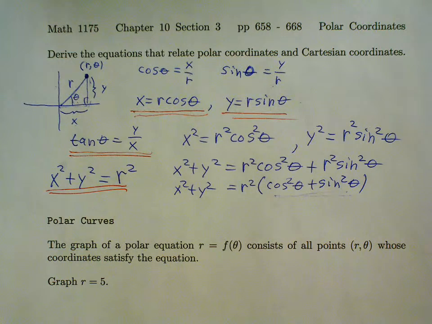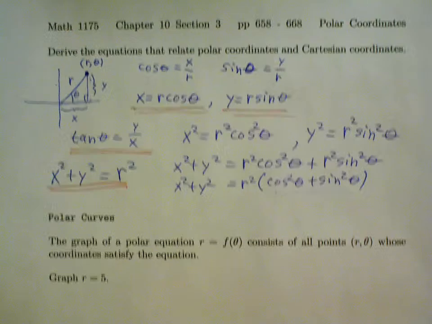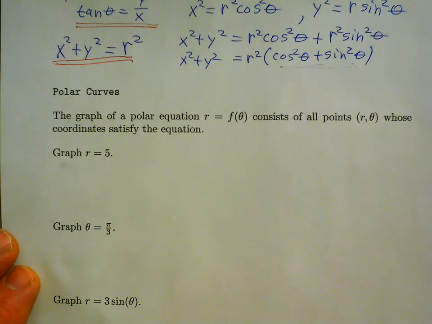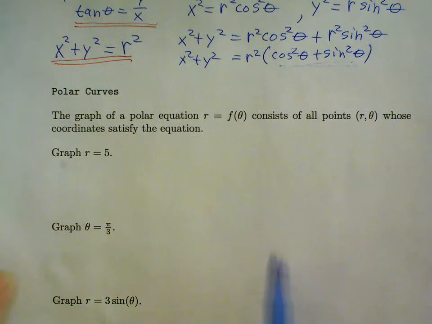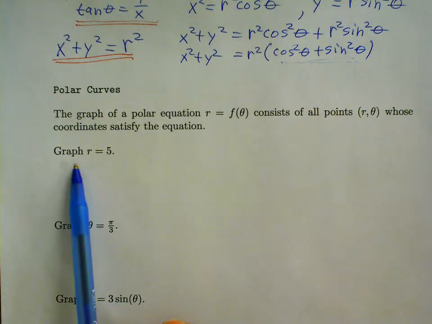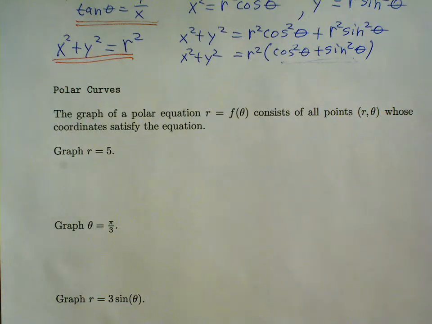Okay, we'll learn how to graph polar curves. So we'll start out with the simple ones and then progress to the more difficult ones. So how do you suppose we should graph r equals 5?